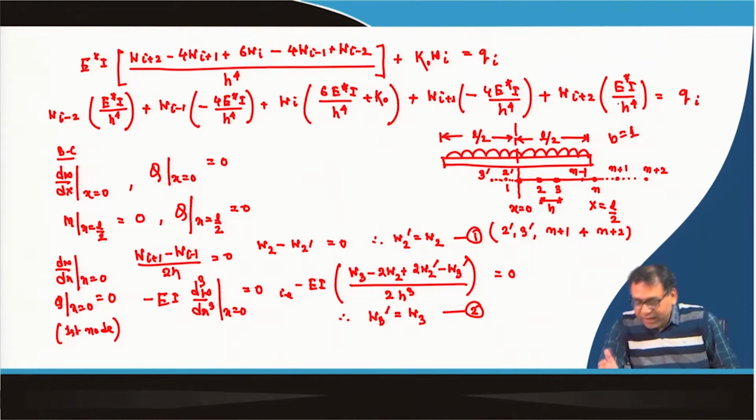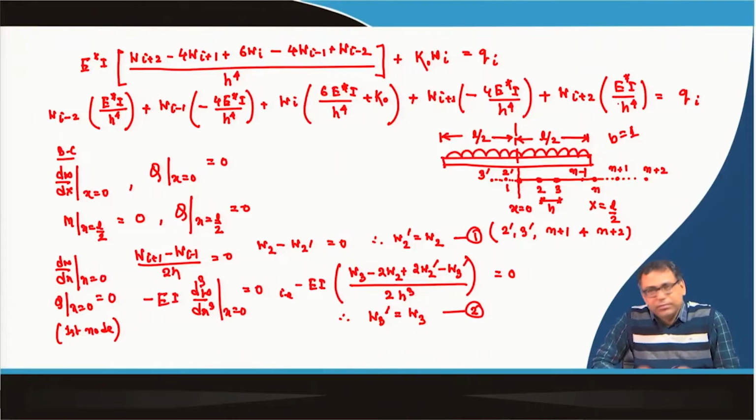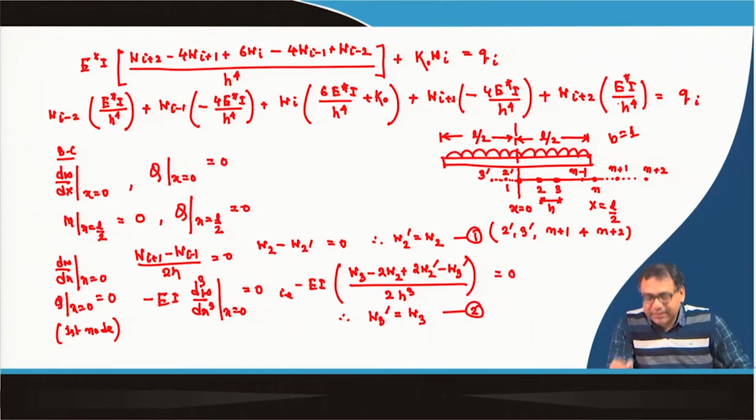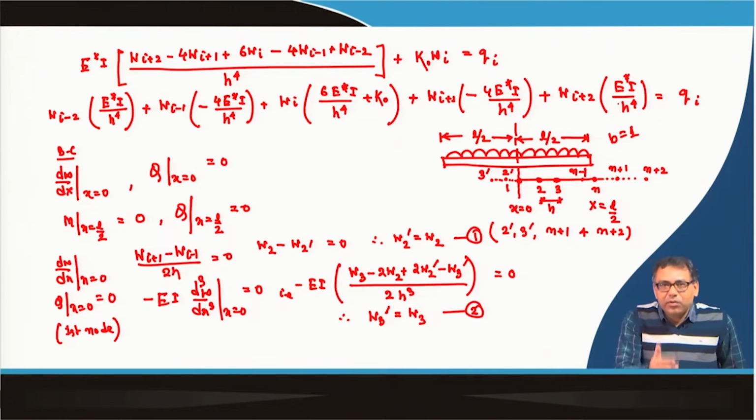So, from 3 to n minus 2 directly we can apply. But when we apply at the second node or the first node, the imaginary nodes will come into this equation. Those imaginary nodes we have to replace with the real nodes, because now each and every imaginary node can be replaced by the real nodes, because we have the relationships.